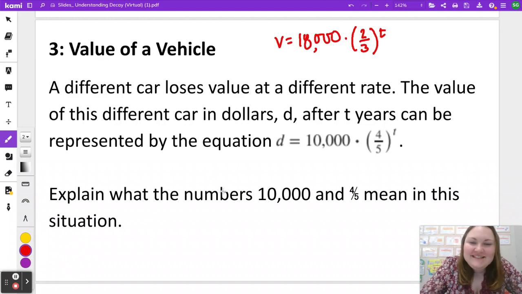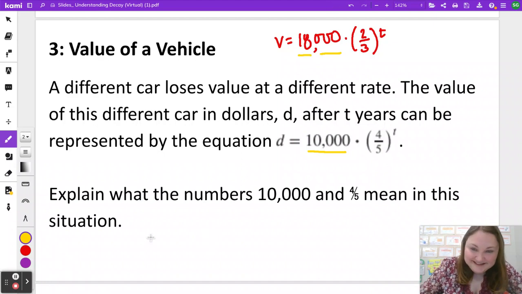All right. To help us out, I put that first equation up here as well, just as a reminder, because we can compare this equation to this new equation to help us make sense of what each of those numbers means. Starting with the 10,000. To understand what the 10,000 represents, it might help me to think about what the 18,000 represented earlier, or with our exponential growth equations too, because this number always is telling me the same thing.